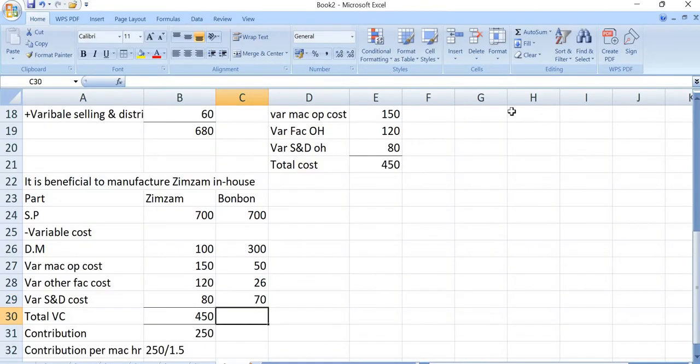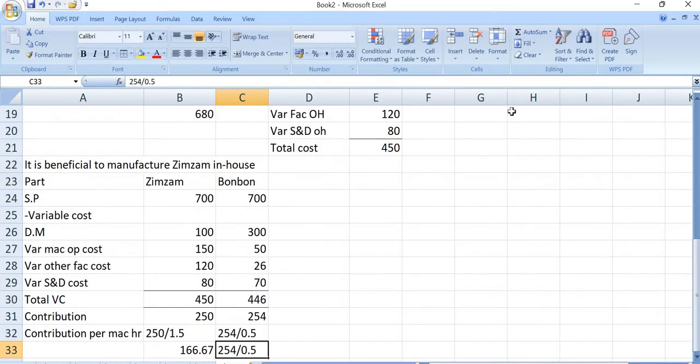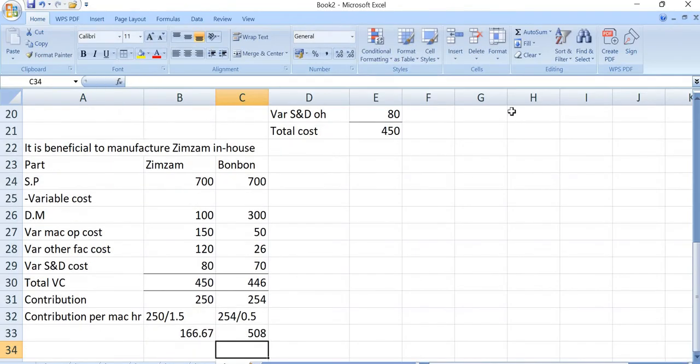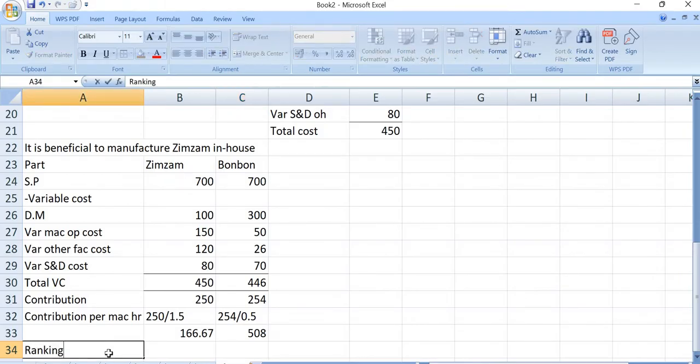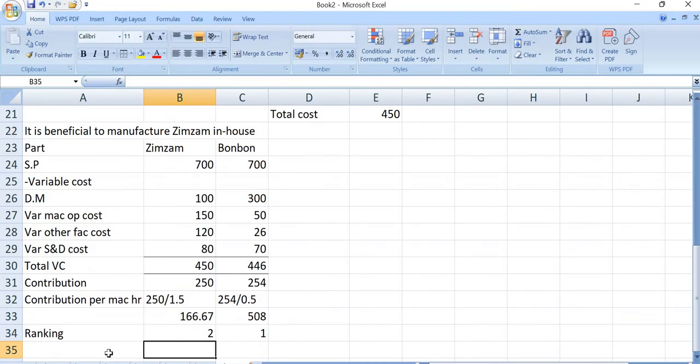So my total variable cost will be 446 and contribution is 254. Now again I am going to calculate contribution per machine hour. Here machine hour is 0.5 hours. So obviously this will be the highest contribution. So the first ranking will be given to bonbon and second is Zimzam. Here also we need to write this comment, then only we will get full marks.